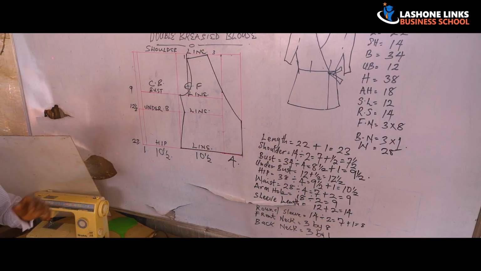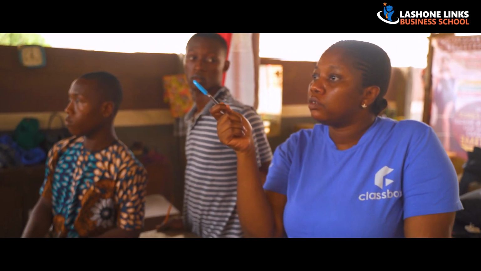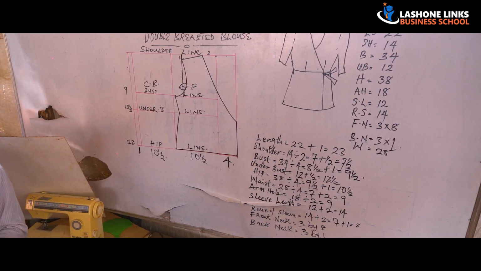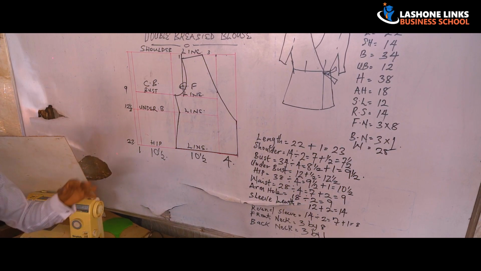For the armhole, you go up by 2 inches and then go in by 1. So this is how the front will look. Then when you cut this, place it on the back and cut out the back.